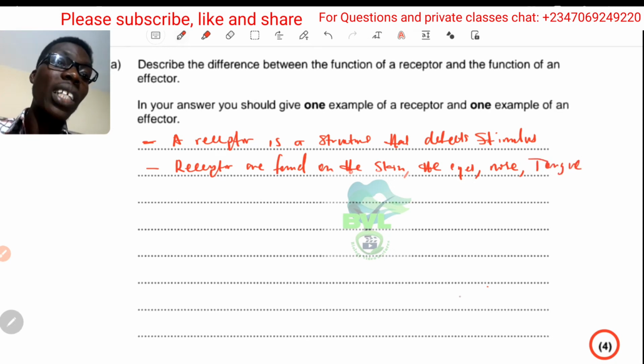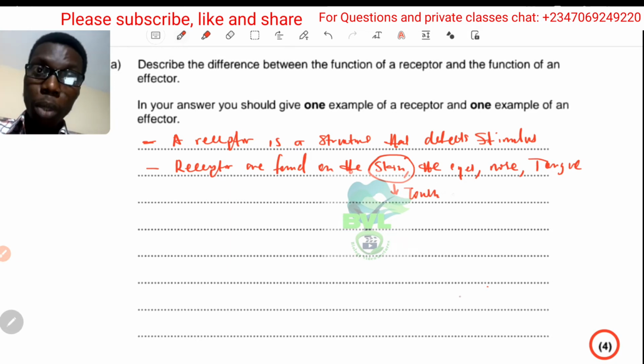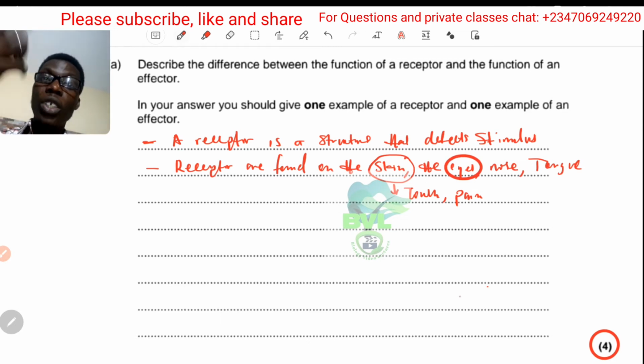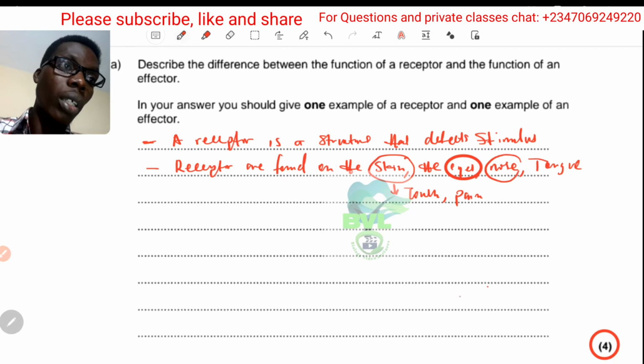Now, on the skin alone, you have the touch receptor, which responds to touch. We have pain receptor, which responds to pain. The eye responds to, what's it called? Vision, images, and all of that, objects. This is for smell. This is for taste.